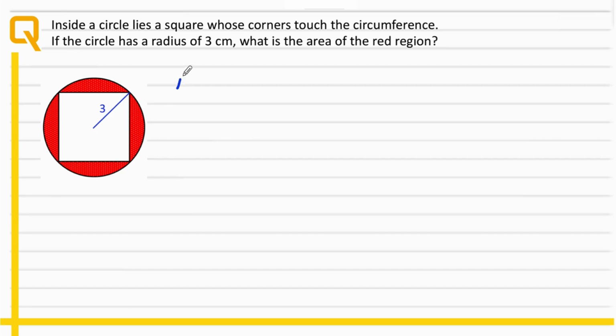If we show the red region by A red, this area is equal to A for circle minus A for square.